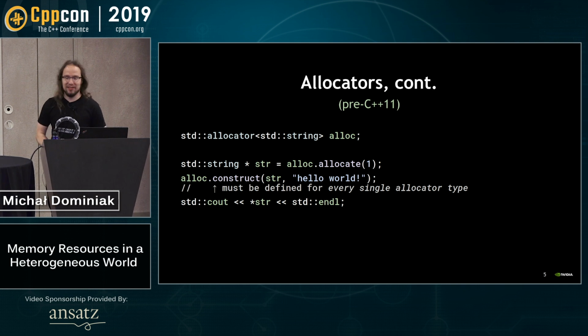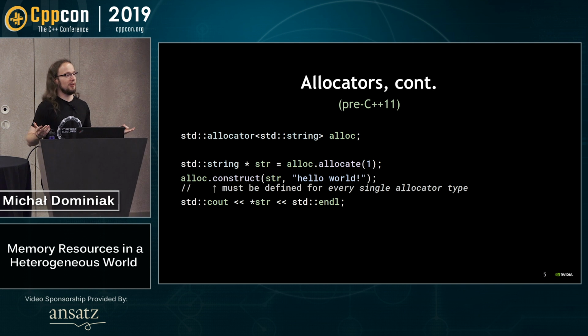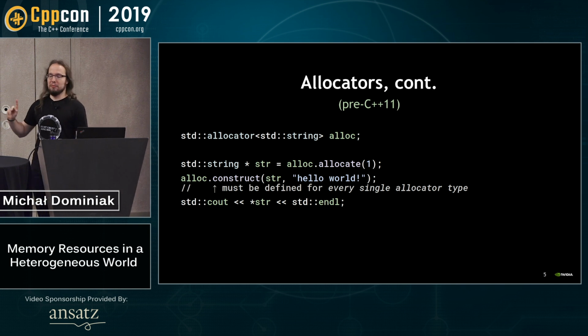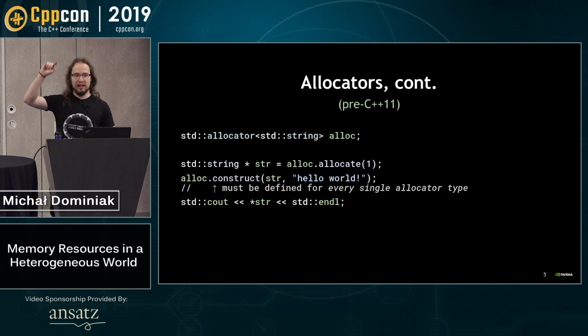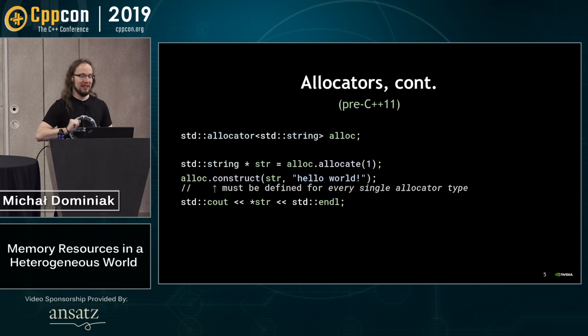Then we can print the string, and by the way, we are constructing the world's worst hello world that we could possibly construct, because if your implementation of the standard library cannot fit hello world null byte inside a small buffer of std::string, then you are also going to use allocators inside that construct.